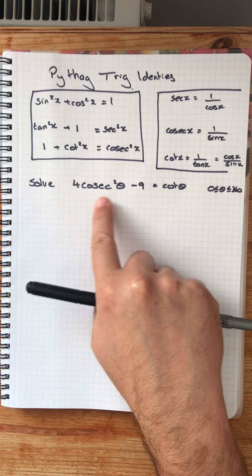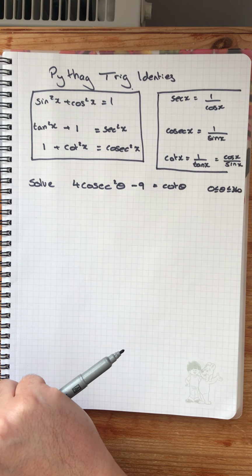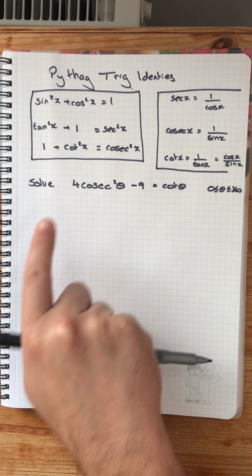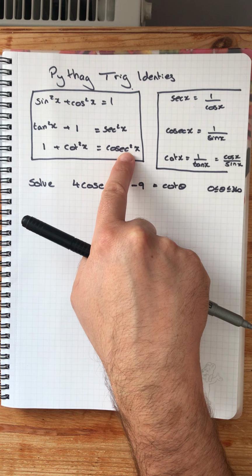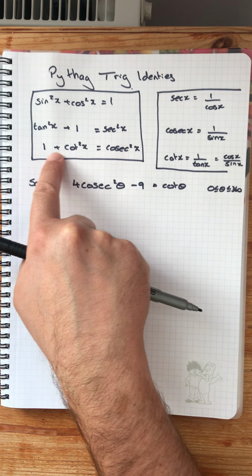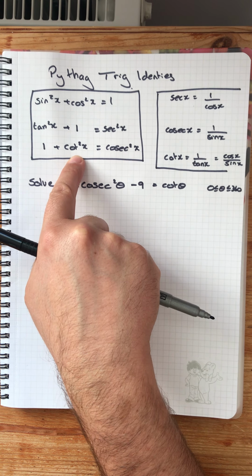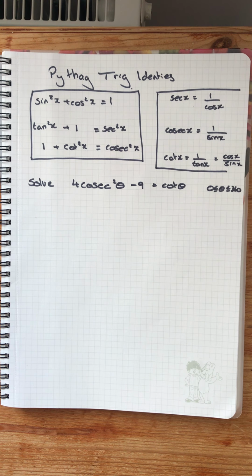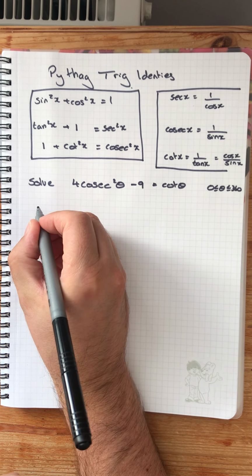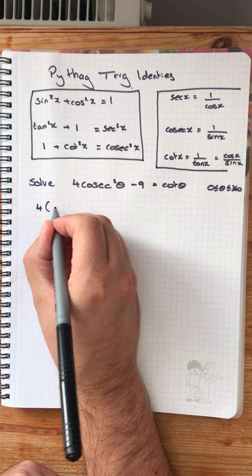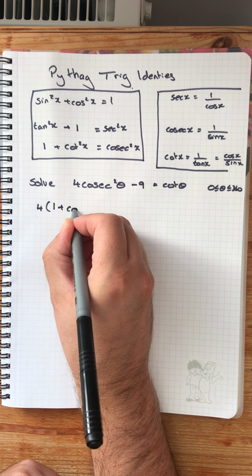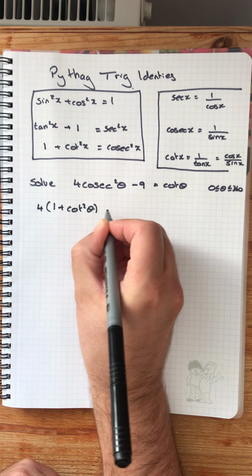Now we've got cosec and cot together, so is there an identity that links them? And there is here. So actually the cosec squared could be written as 1 plus cot squared. And that's got the same type of trig, so that seems like a sensible place to start. So we'll replace the cosec squared with 1 plus cot squared.